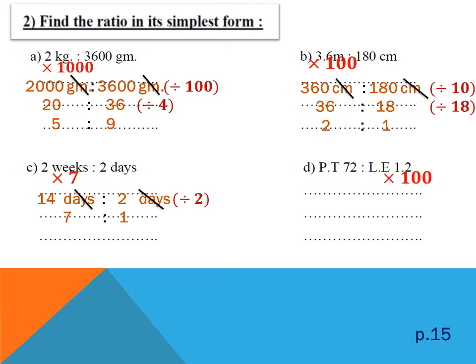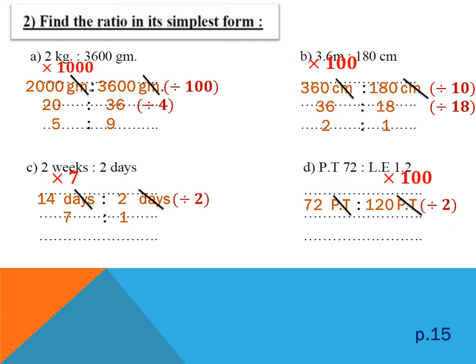Piasters, 72 piasters to 1.2 LE. Here the larger is LE. Convert LE to piaster. Multiply 1.2 times 100. Rewrite 72 as it is and convert 1.2 LE into piasters. It's equal to 120 piasters. Cancel the unit and start to simplify 72 and 120.